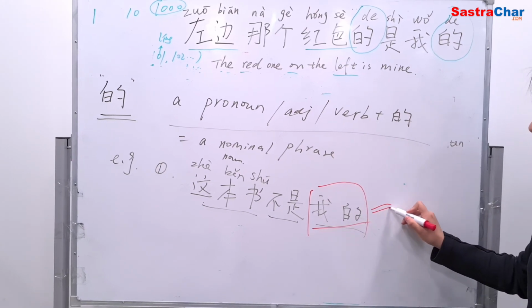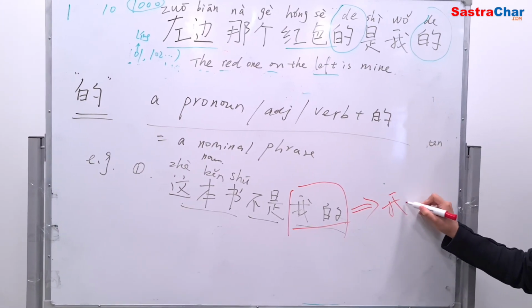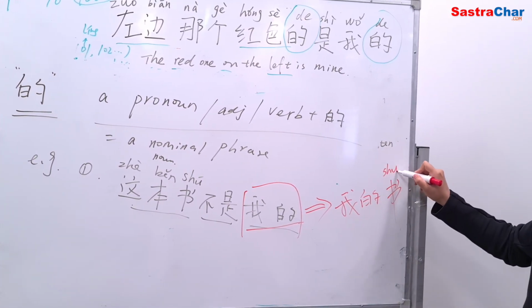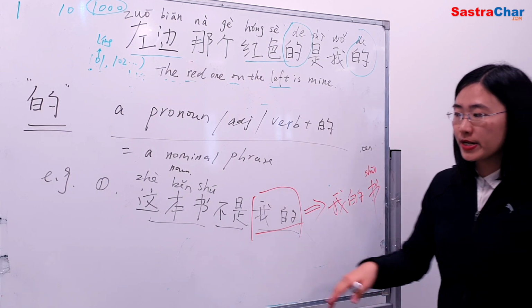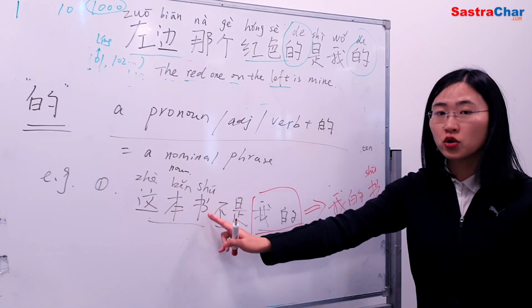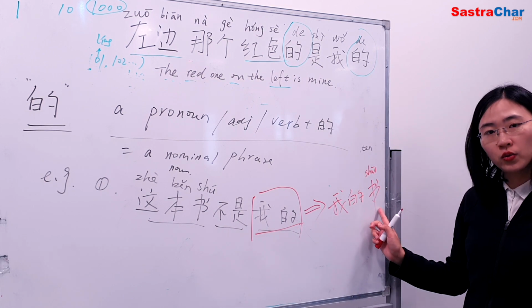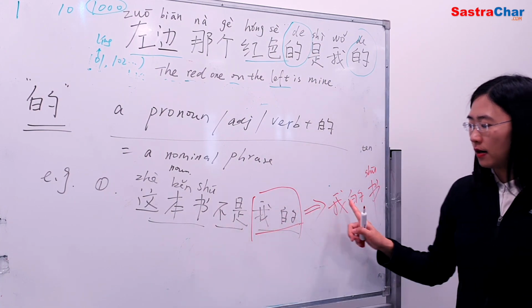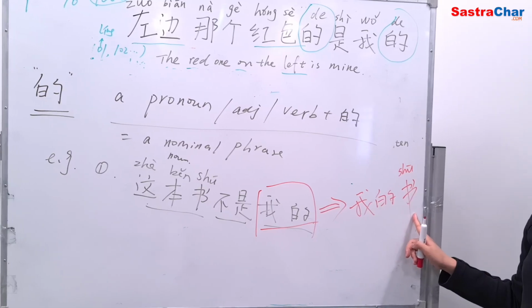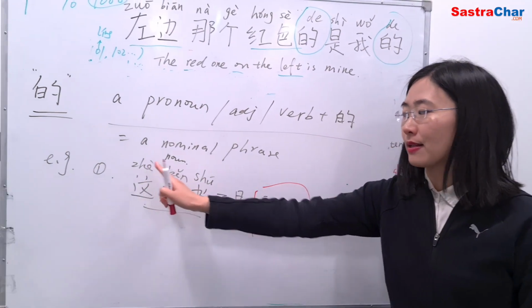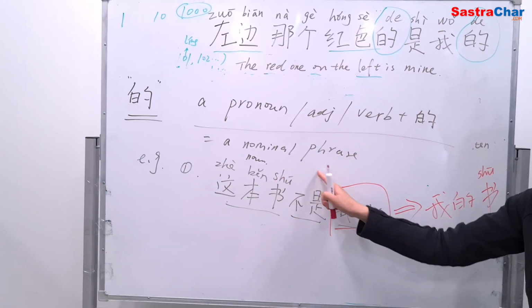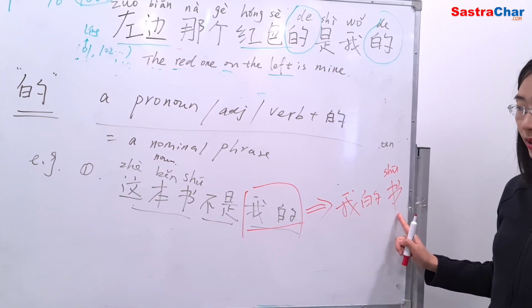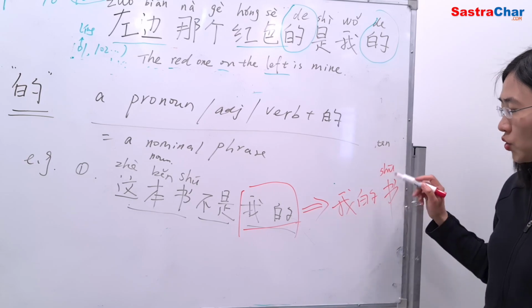In complete form, it should be 我的书. So the whole sentence should be 这本书不是我的书, which means this book is not my book. But we omit 书 here.